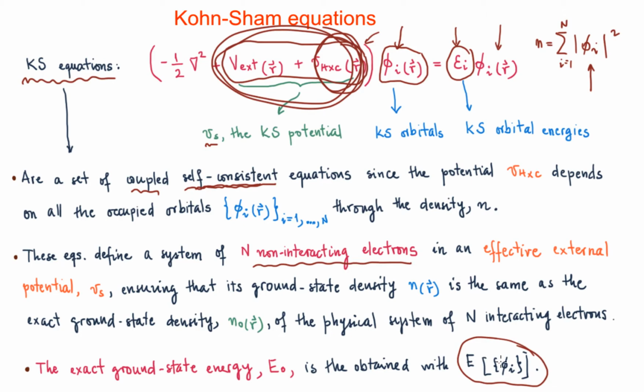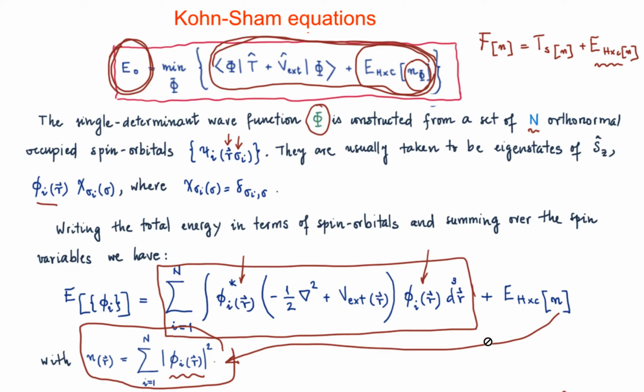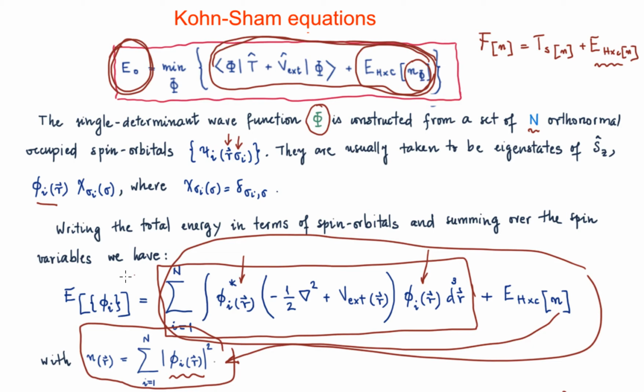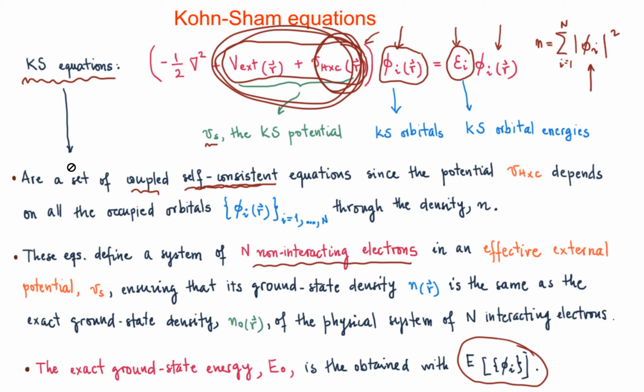When we plug these Kohn-Sham orbitals satisfying those equations into the expressions we had right before, we get the total energy of the system, and the total energy is going to be the ground state energy of the physical system.